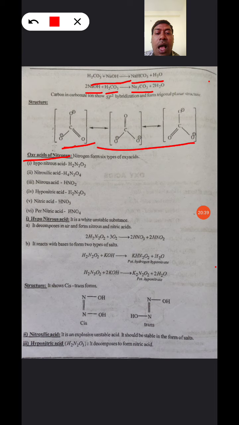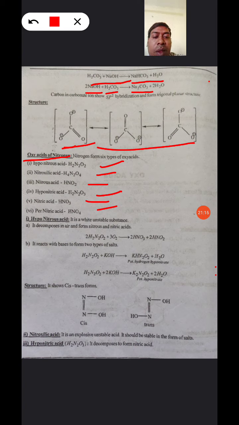They are hyponitrous acid H2N2O2, the next one nitroxylic acid H4N2O4, the next one nitrous acid HNO2, the fourth one hyponitric acid H2N2O3, the fifth one nitric acid HNO3, the sixth one pernitric acid HNO4.